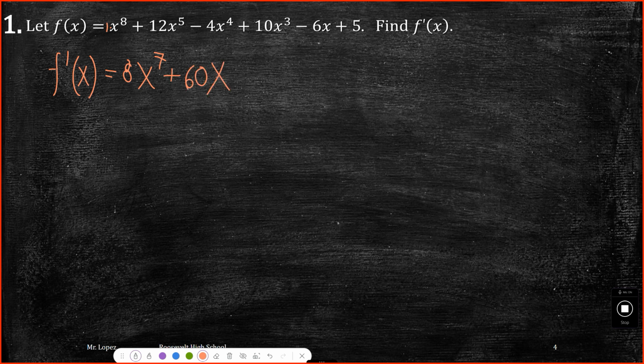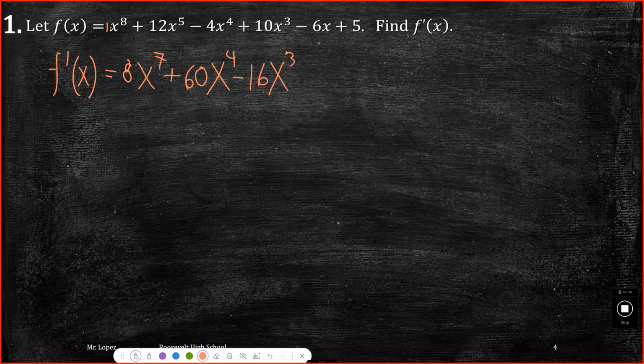Subtract 1 from 5 is x to the 4th. Multiply 4 times negative 4. 4 times negative 4 is negative 16, x to the 3rd.